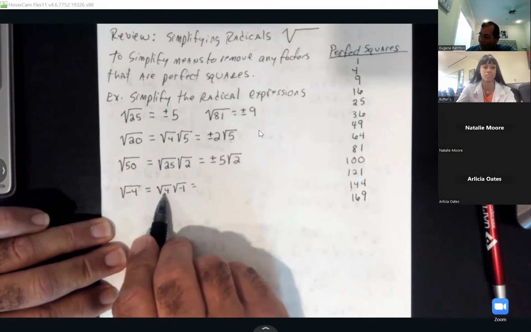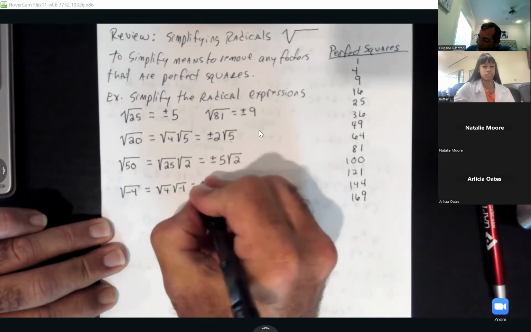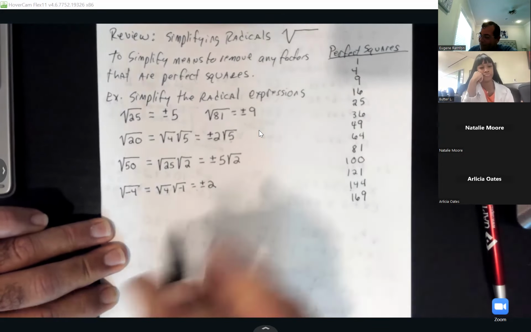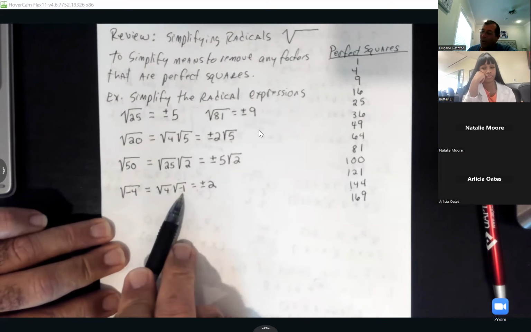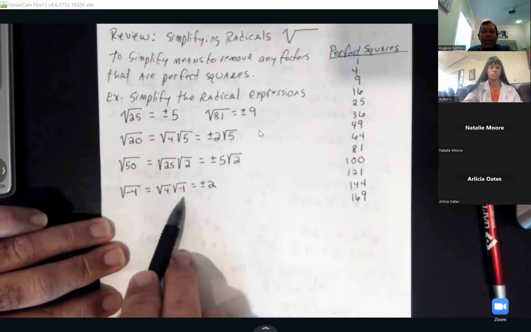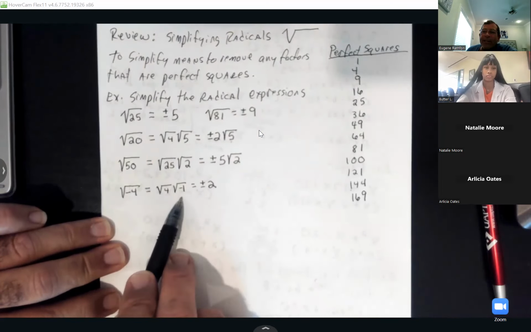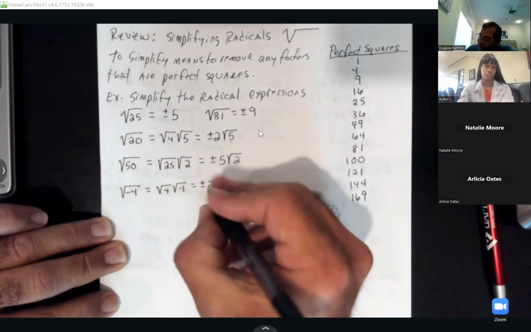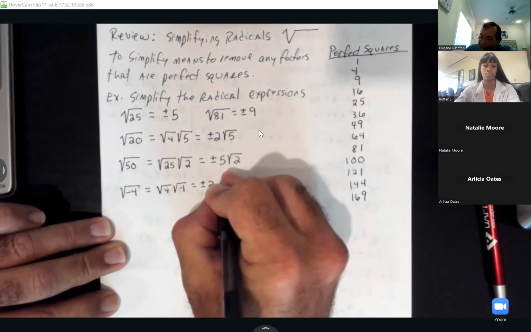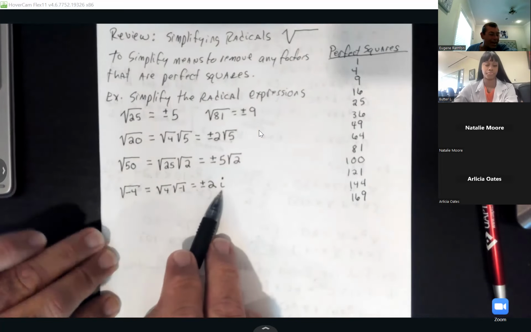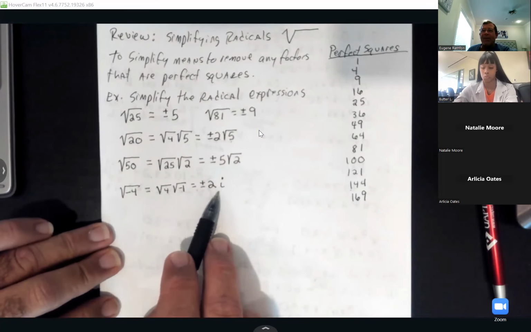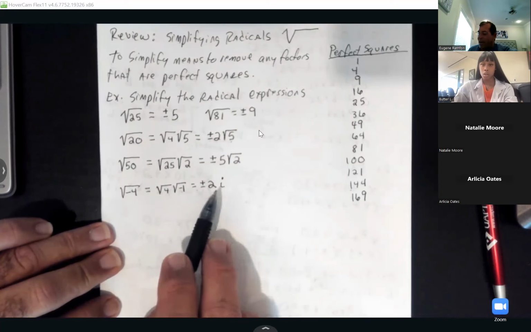So we can take the square root of the 4. That's going to give me a plus or minus 2. But y'all, in the real world, we can't take the square root of the negative 1. So we replace the square root of negative 1 with an I. On the calculator, that little I above the 0, I think it's above the 0 or the dot down there.